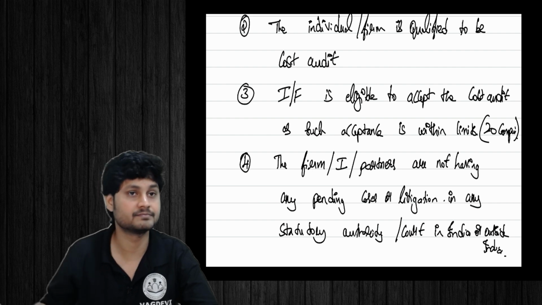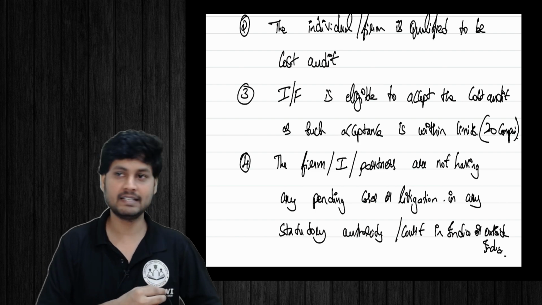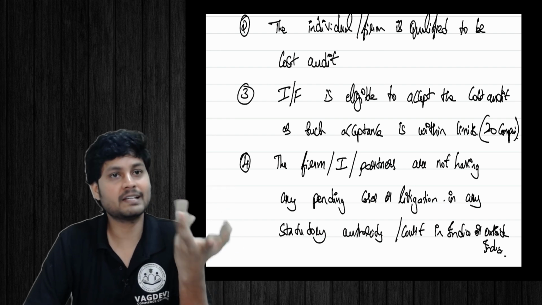Very simple. So, fourth declaration, there should not be any litigation pending on such individual or firm or any partner of the firm.